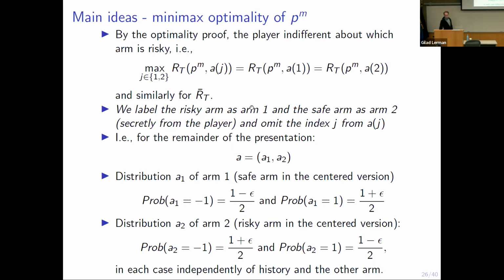So going forward, we could just label secretly from the player the risky arm as arm 1, the safe arm as arm 2, and emit this index J. So A is just going to be A1 and A2. A1 is the safe distribution, A2 is the risky distribution. Their means are symmetric around 0.